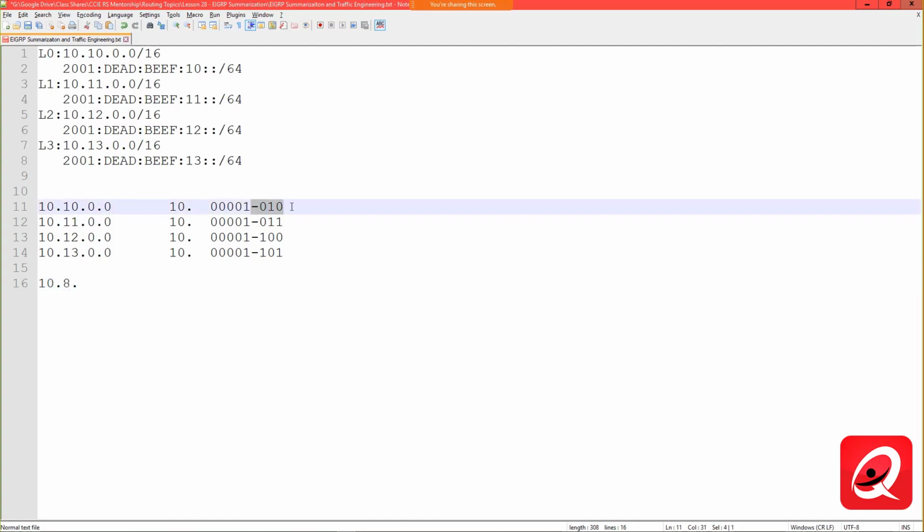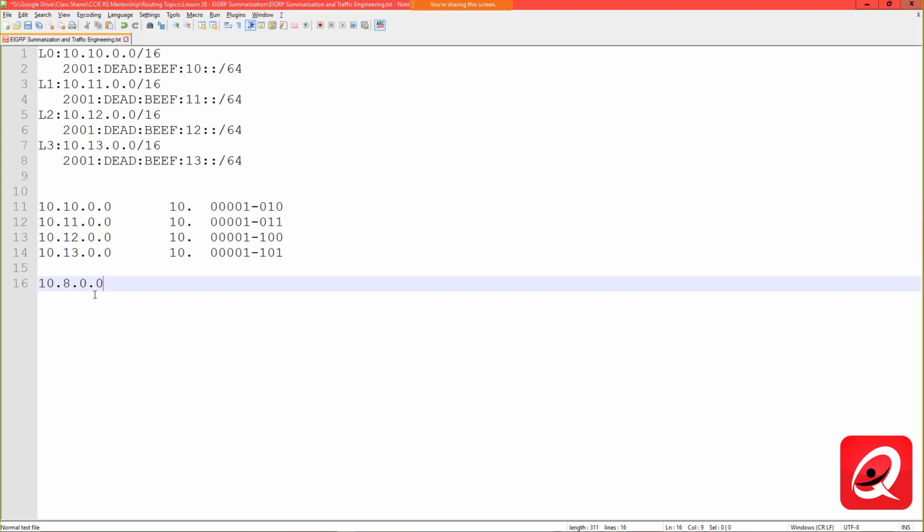We essentially ignore these bits. So this is the 2 to the power of 3, which is 8. That has a decimal weight of 8, and that becomes our common address for each of those octets.